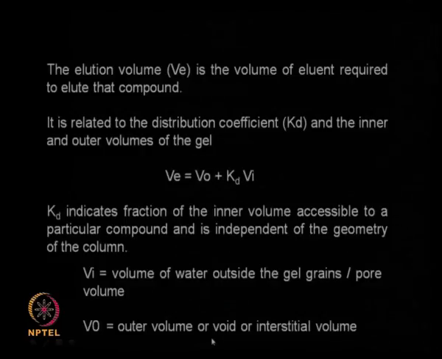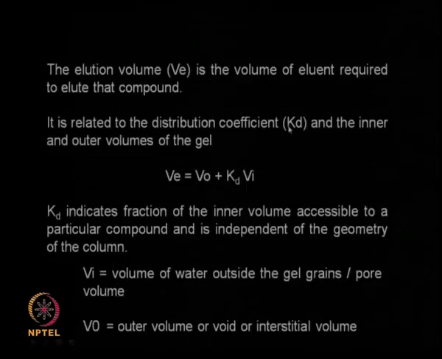V0 is the void volume as I said, or interstitial volume, that is the excluded volume. Now Vi is the volume of water inside the gel grains, that is the pore volume. So you have solvent present in the interstices, and solvent present inside the pores. Those are the two terms coming in, V0 and Vi. Now there is a term called Kd.